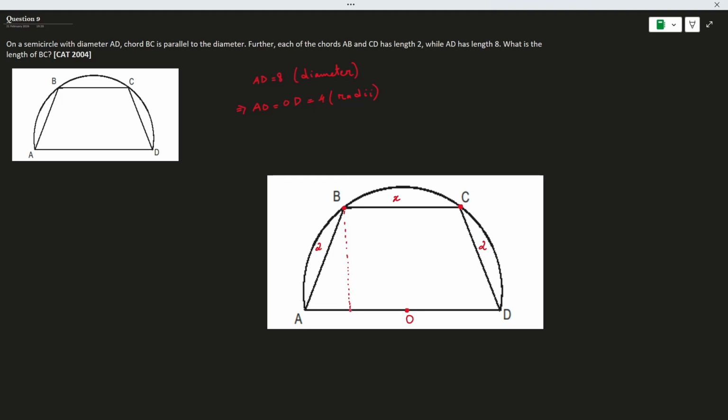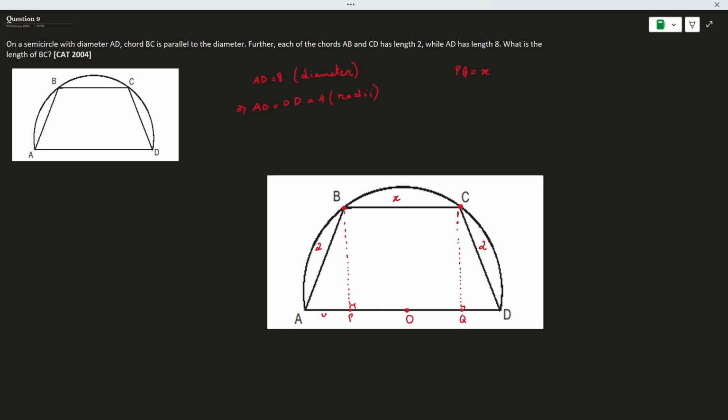Suppose it meets at P, and from point C I will drop another perpendicular to the diameter which would intersect it at point Q. This is 90 degree. So from the diagram I can say PQ is equal to x. Now we know that AO is 4 units.